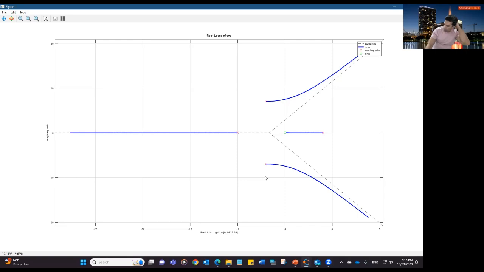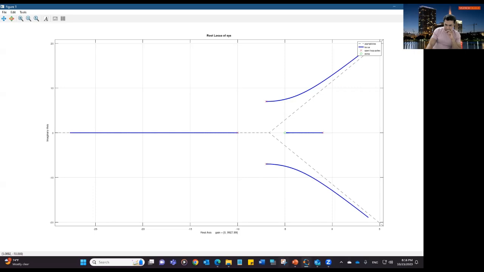Then I plotted all those vectors on the same S-plane. So yes, hold on and hold off when you're plotting a graph. And that's how you plotted all those things.